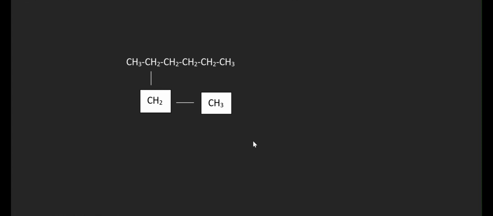So let's take this example. Many of you will say the answer as 2 ethyl hexane, or many of you will say, how is it ethyl, it should be ethane. But let me tell you one thing. Whenever this CH2 CH3, basically this alkyl group, is used as a functional group, on that time ethane or ethyne or ethyl will not be used.